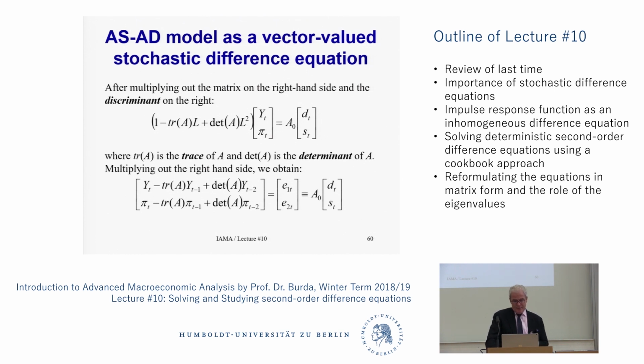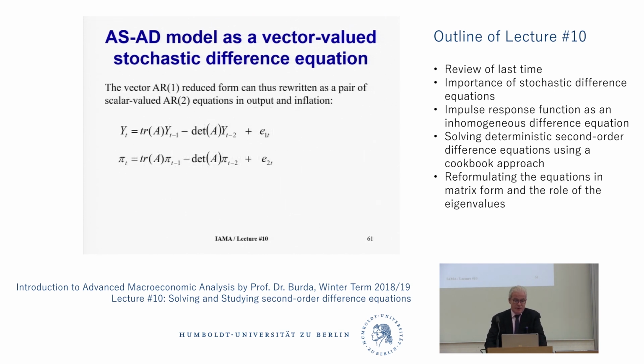I'm going to go quickly because we're running out of time. You get basically the following AR representations of Y and pi. Okay, so you can see that you've got the shocks, you've got the lag values, and you've got the dynamics, which is determined by the properties of the A matrix.